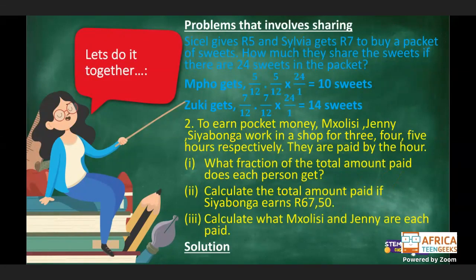So the next slide right here, they say Sicelo gives 5 rand and Sylvia gives 7 rand to buy a packet of sweets. How much should each share if there are 24 sweets in the packet?